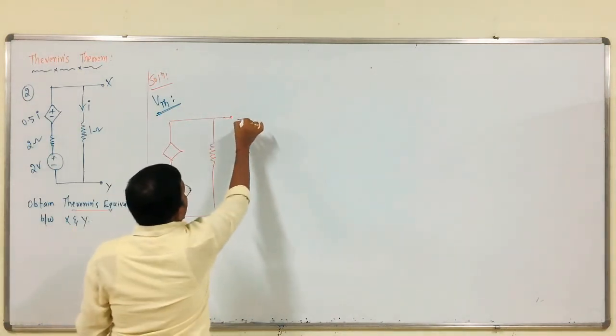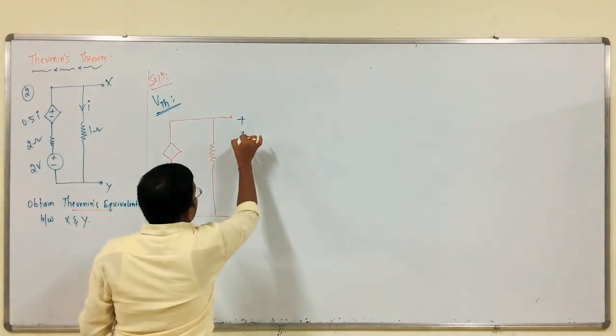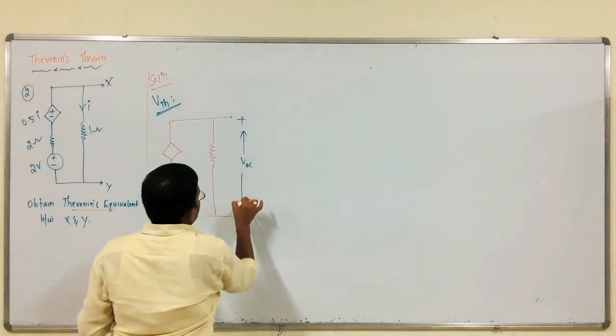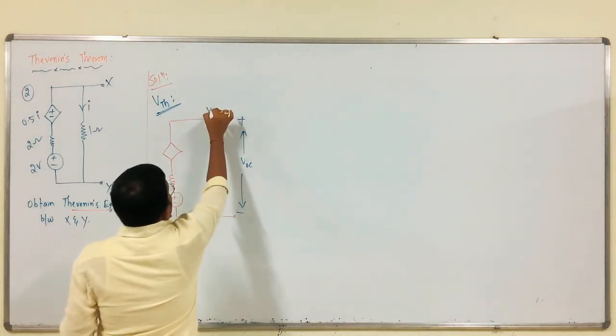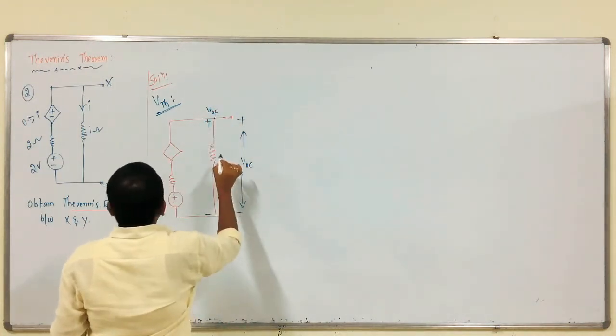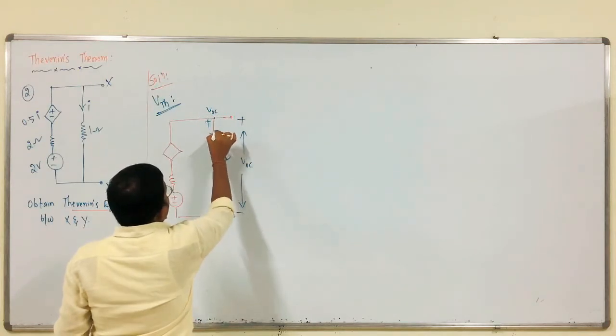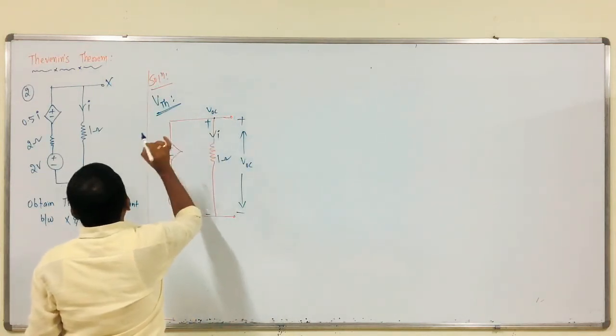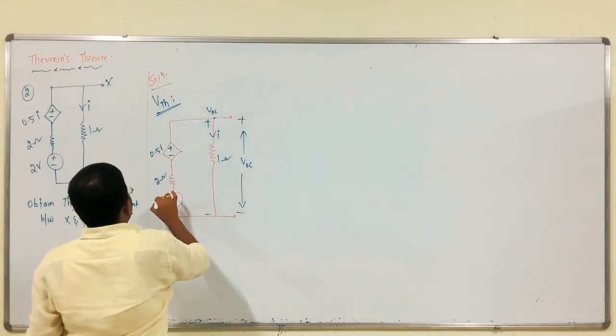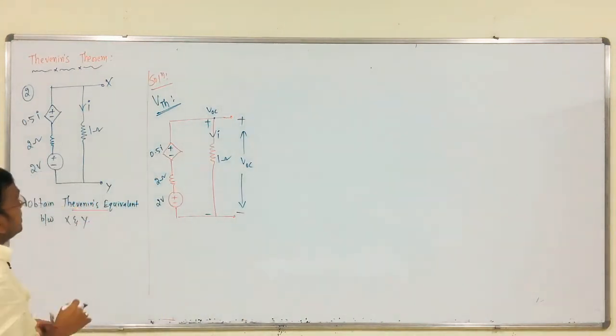So, this is plus minus, we have VOC or VTH. So, this is also VOC at this point. So, this is 1 ohm, this is I, this is plus minus 0.5 I, 2 ohm, and this is 2 volts. Simple.